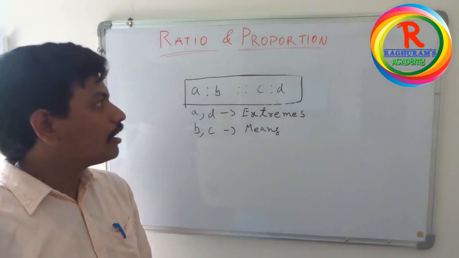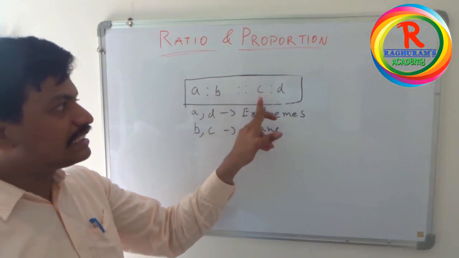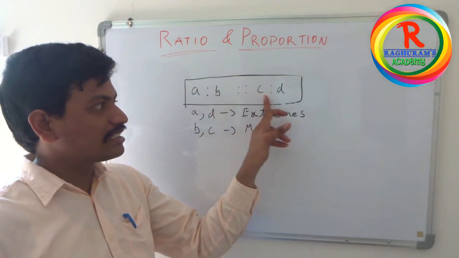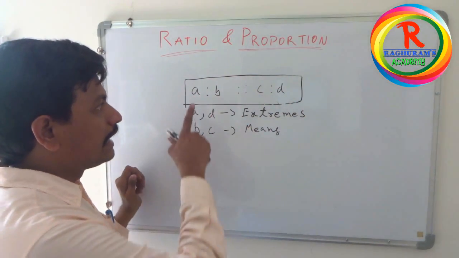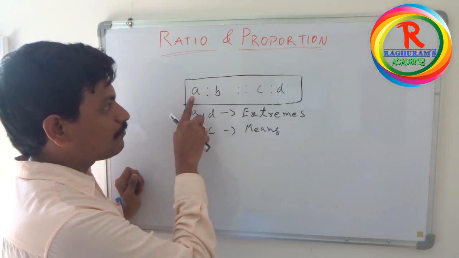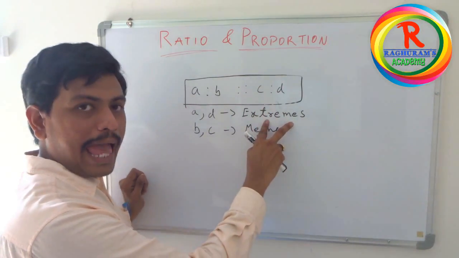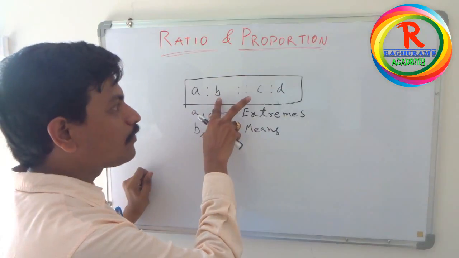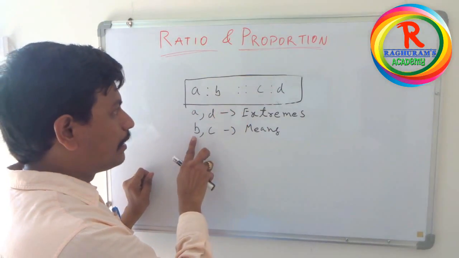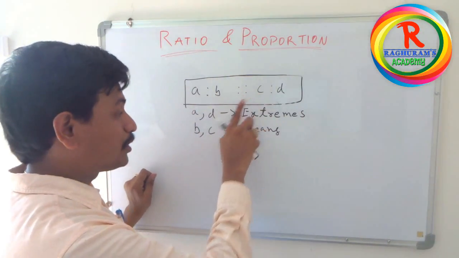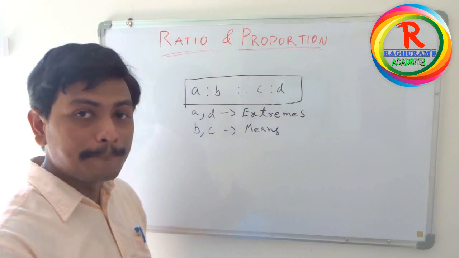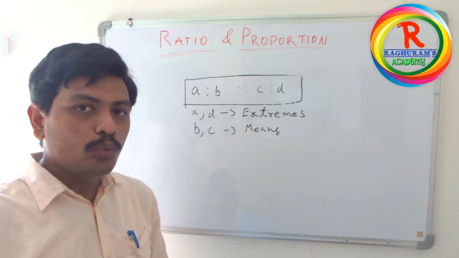Suppose a proportion is like this: A, B, C, D. A is to B same as C is to D. Then A and D, the first and fourth, are called extremes, and the middle ones, B and C, the second and third, are called means. Here we have a point.